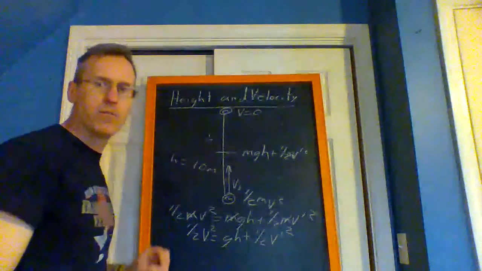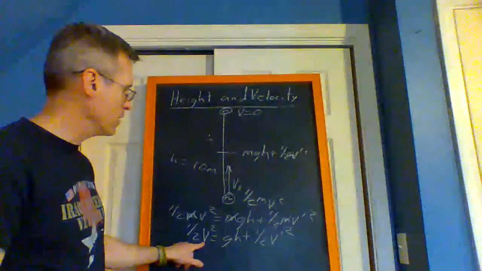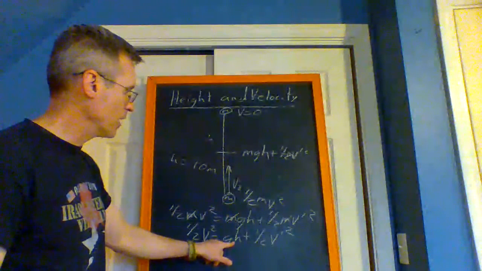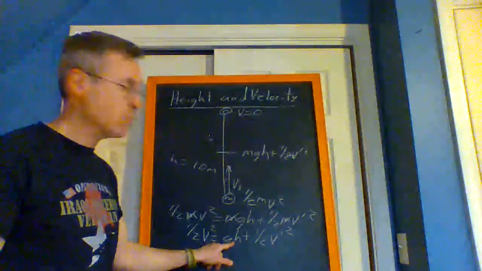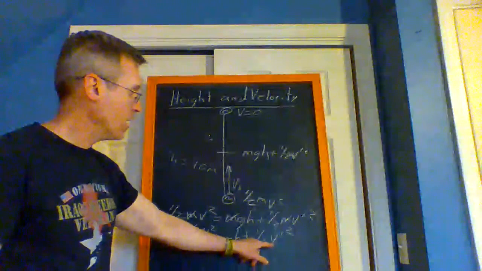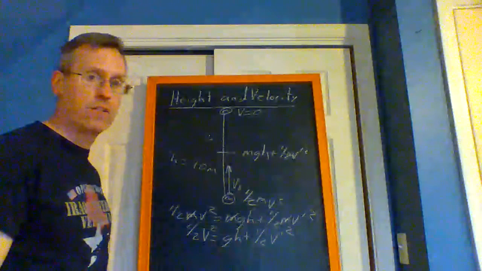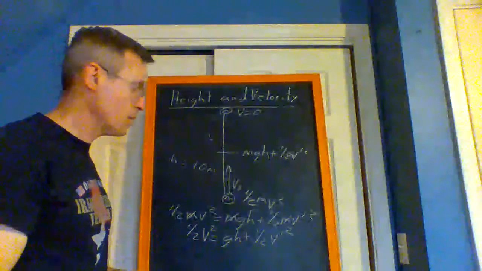I don't want to make the video too long, but if I knew that initial speed, the speed down there, and this is the height that I'm looking at, I want to know how fast it's going 10 meters up, so I would put in 10 meters there and solve for that speed right there. Okay, guys.